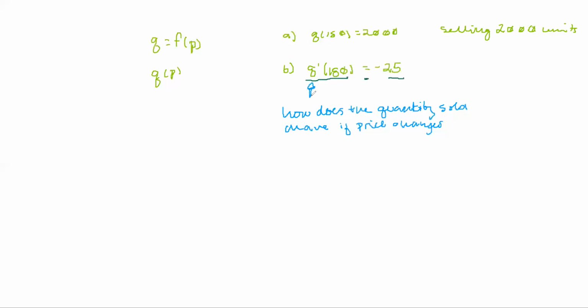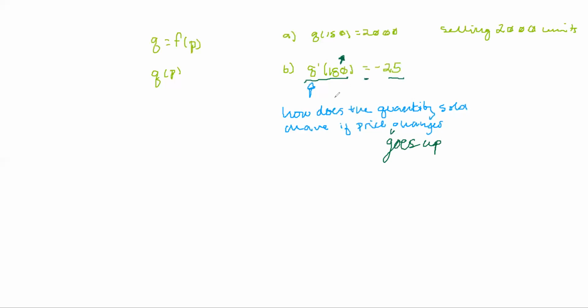If the price goes up, and this will always be the assumed part when you're thinking about this, the question of how the quantity sold changes if the price changes is always about the price going up, if this goes from $150 to $150.50 or $151.